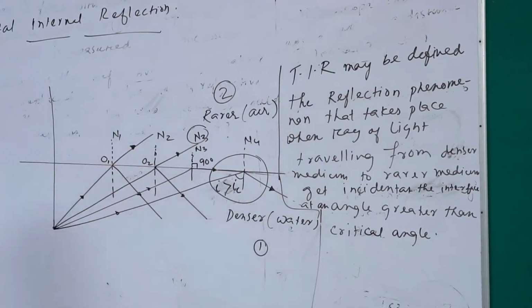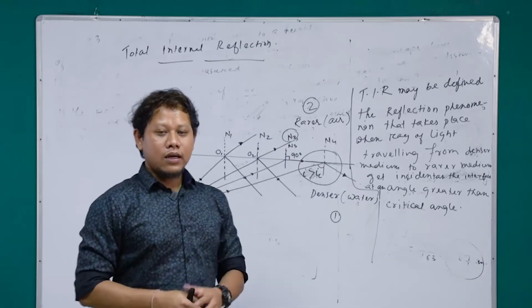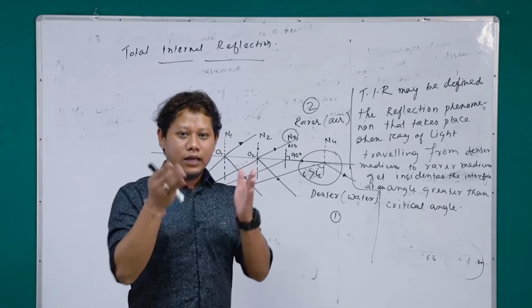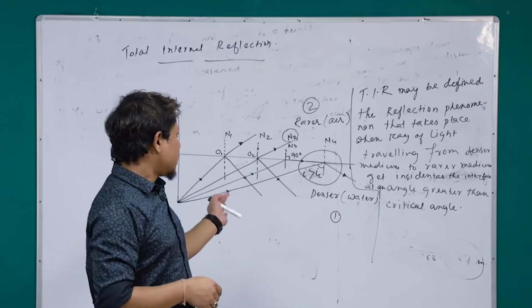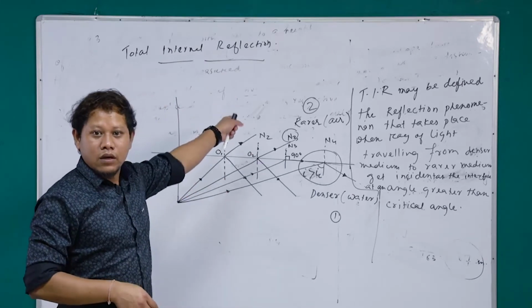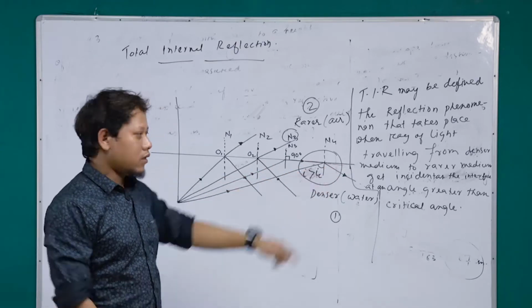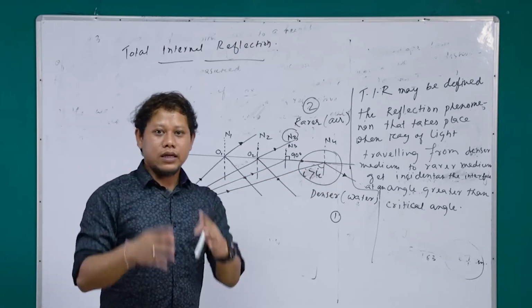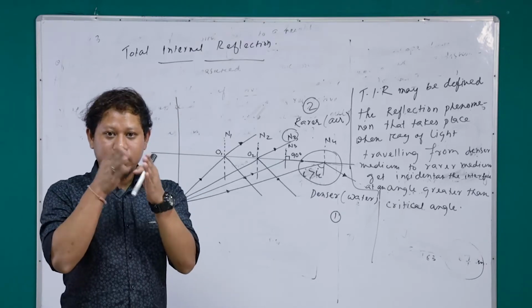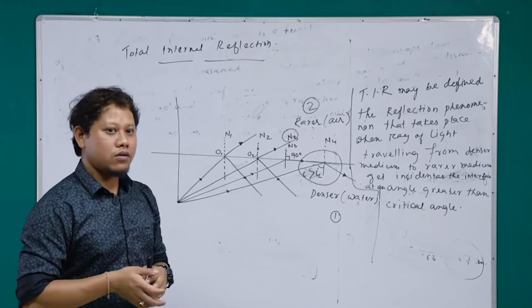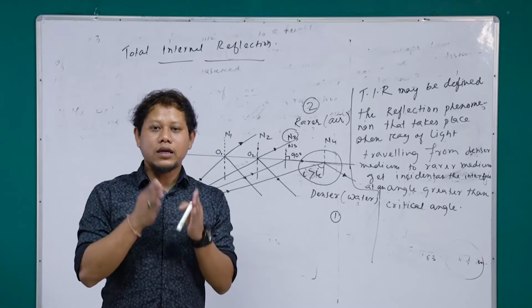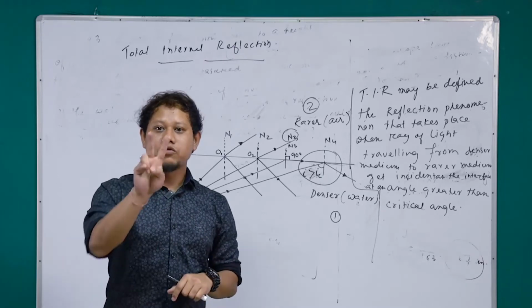So this is the definition for TIR, or total internal reflection. It is a reflection phenomenon for light traveling from denser medium to the rarer medium when the ray of light is incident at an angle greater than the critical angle. Sometimes in exams, the conditions for total internal reflection are also asked. There are two conditions.